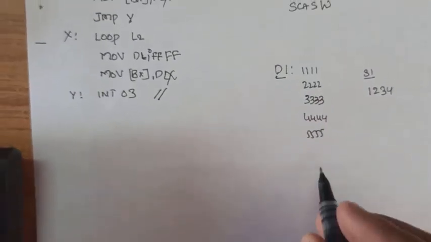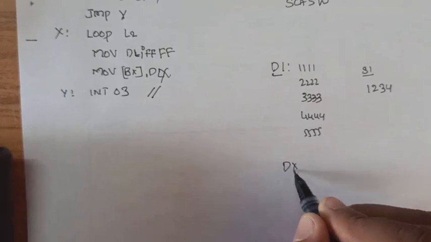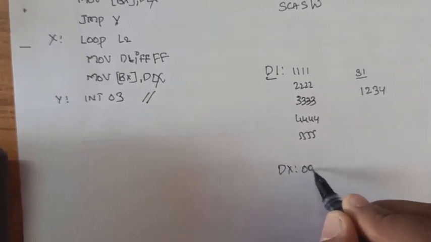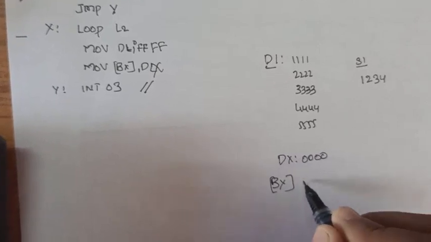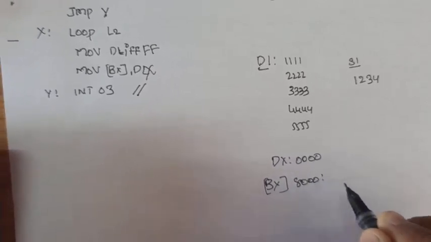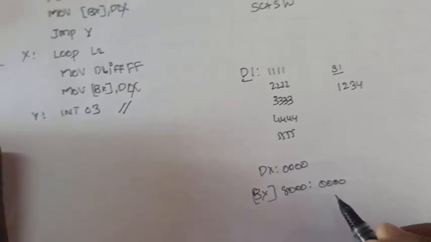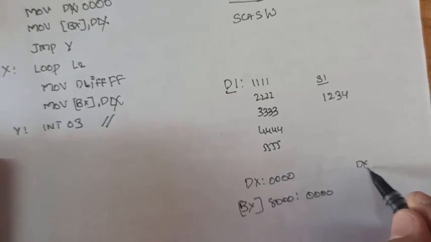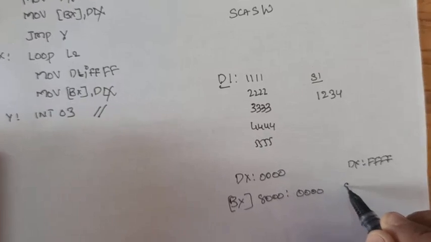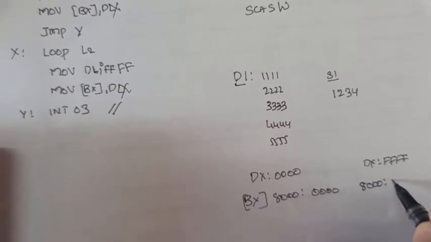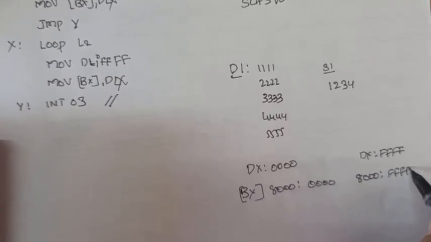Now what should be the output? If found, DX should be 0000 and the BX memory location, which is 8000, should be loaded with 0000. If not found, DX should be FFFF and the memory of BX, which is 8000, should be loaded with FFFF. Let us check both conditions.